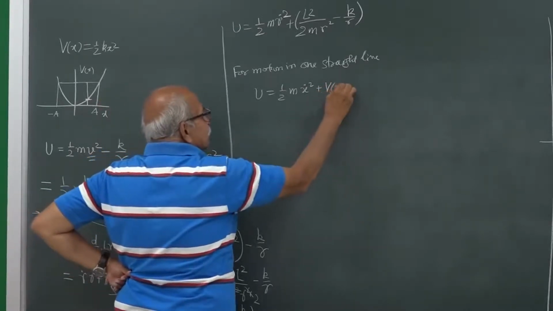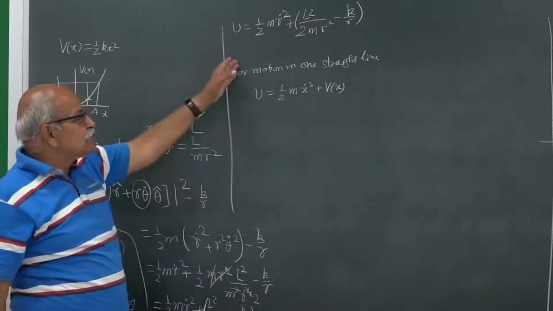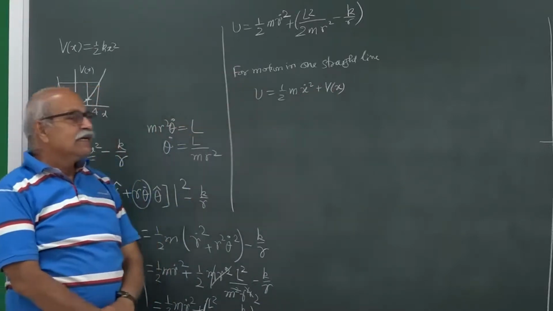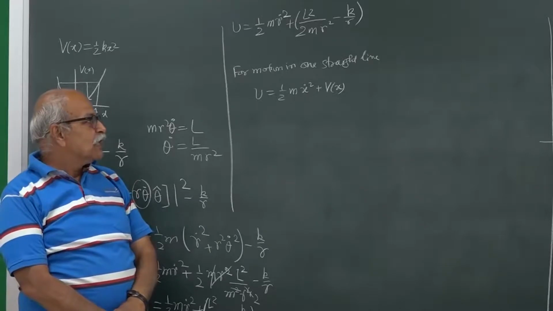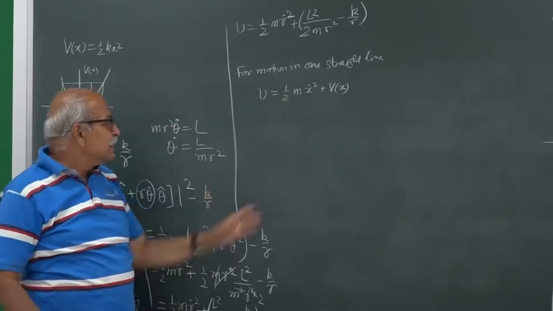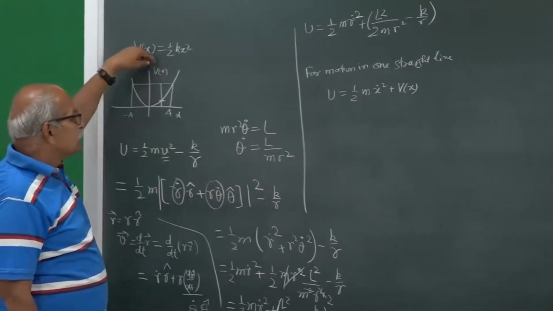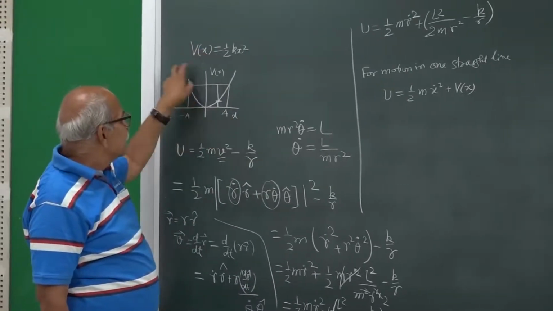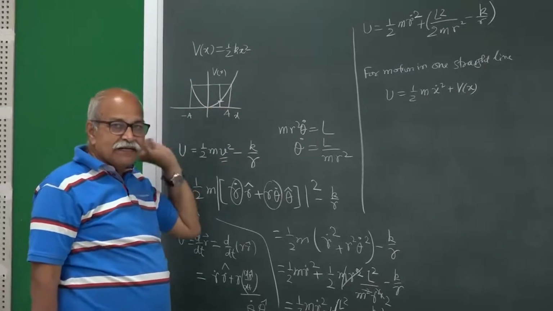This is a function of x, since it is a one straight line motion, so the position is just x. So, you have half m x dot square and then a function of x, and then we plot this V of x as a function of x, and derive information from here.